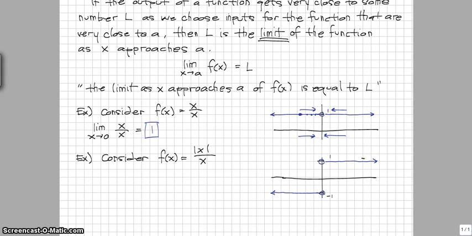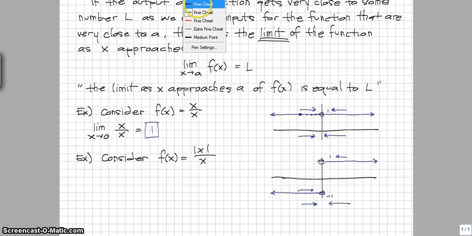Now, in this case, if we choose values for x that are approaching 0 from both sides, from one direction, we're approaching negative 1. From the other direction, we're approaching positive 1.